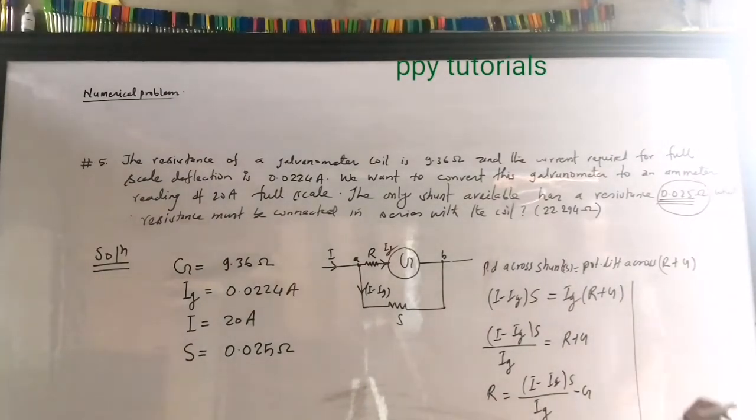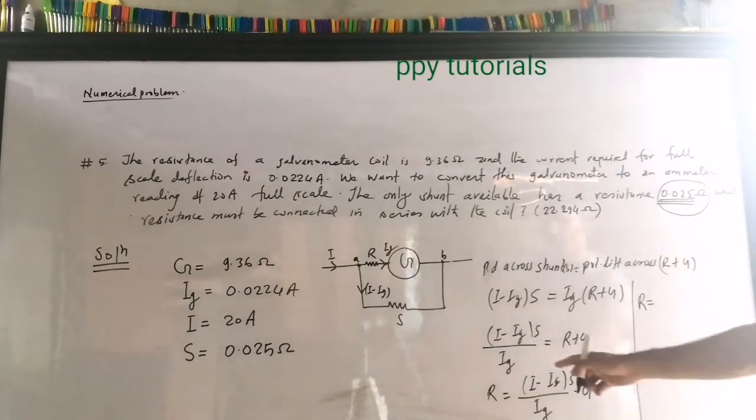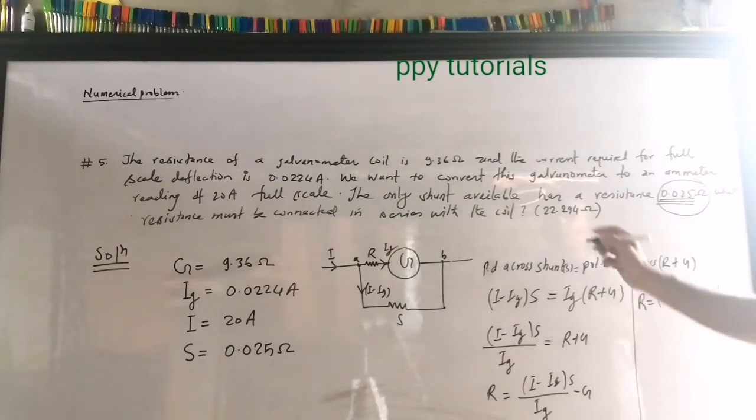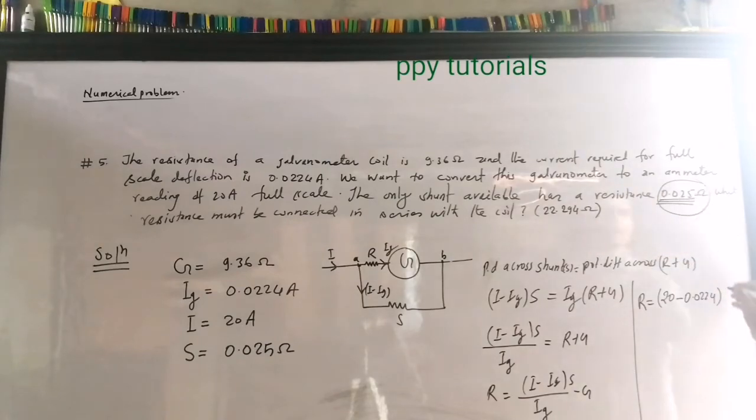Just put in the values. I is the maximum current you want to measure, that's 20 ampere, and Ig this time is 0.0224. Shunt is also given, shunt was 0.0225.